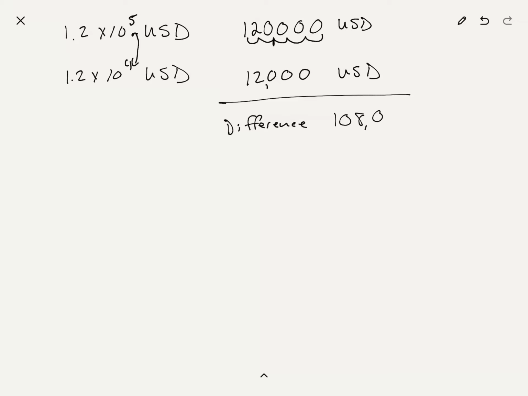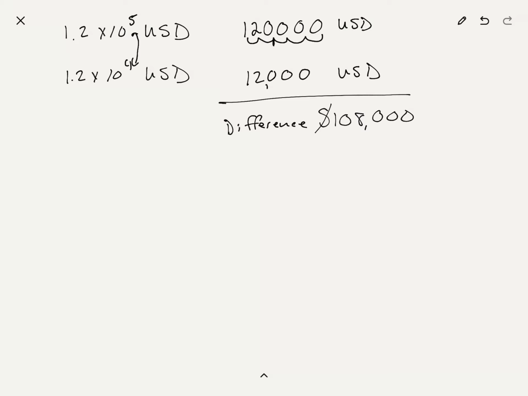This is a difference of 108,000. If I had $108,000 right now, I could get all the way out of debt. That'd be nice. So that's a big difference. That's why the exponents in scientific notation are so important.